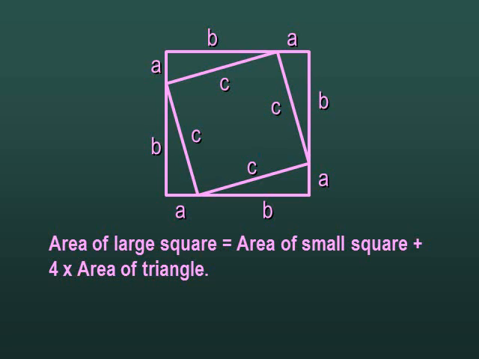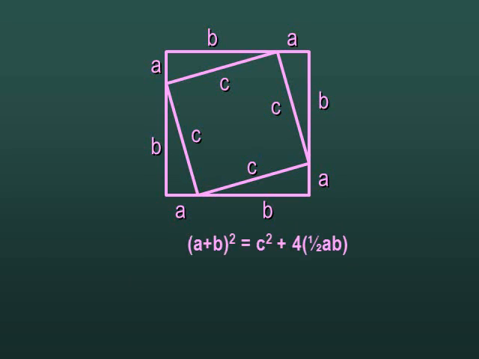So the area of the large square equals the area of the small square plus all four of those little triangles. So let's plug in all the formulas. There's the area of the big square equals the area of the small square plus the four triangles. Now if I FOIL, or double distribute, the a plus b squared, I get a squared plus 2ab plus b squared.